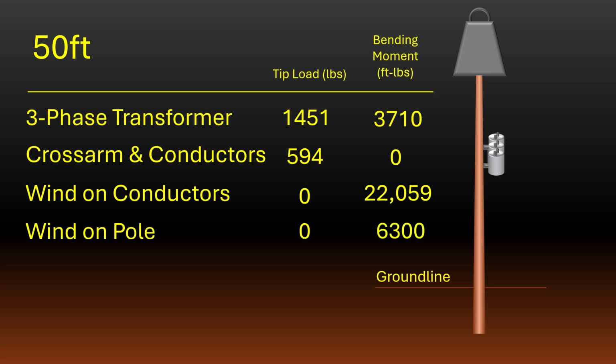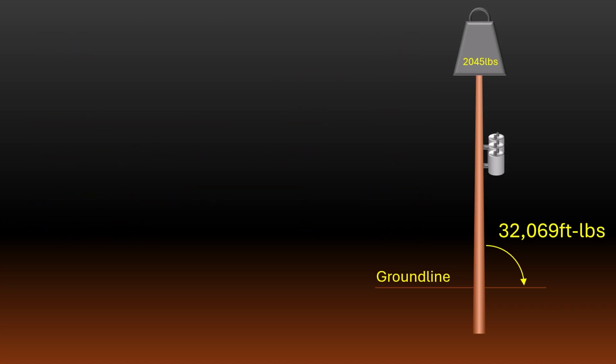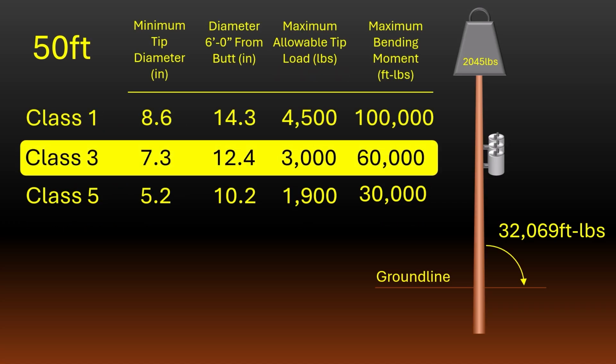The total anticipated loading on our pole is 2,045 pounds of tip load, with a total bending moment of 32,069 foot-pounds. According to our pole loading chart, we would need our Class 3 pole to meet all of the loading requirements we've just determined. Let's do one more example.